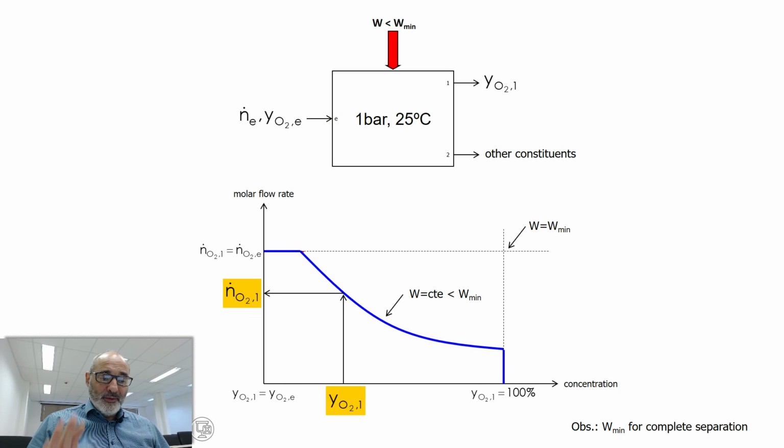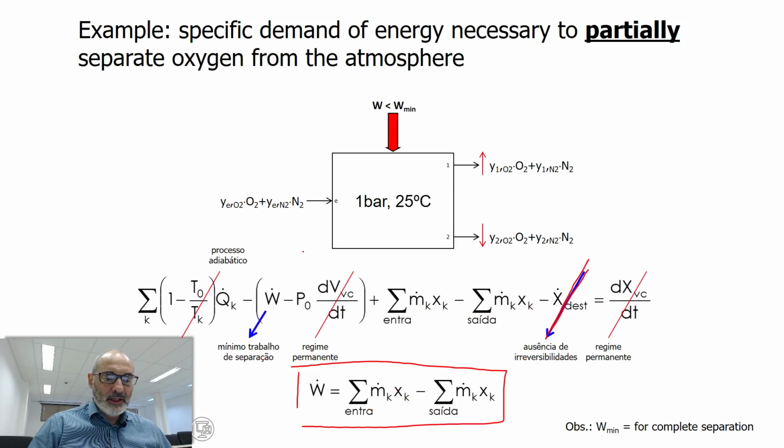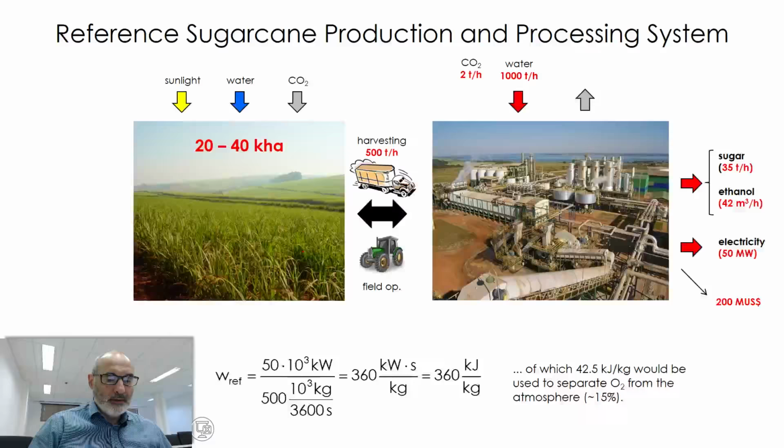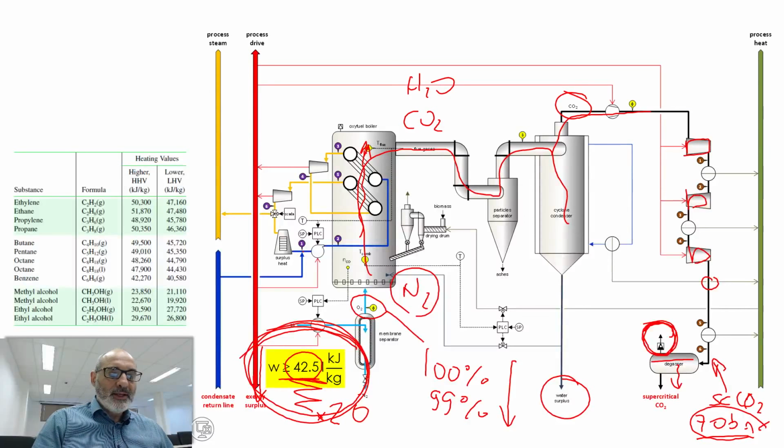So from an operating point of view, I'm going back some slides. Let's assume, here, that I'm going to accept 99% oxygen molar concentration, because I can deal with 1% of nitrogen. This separation process works well until 1% of nitrogen.